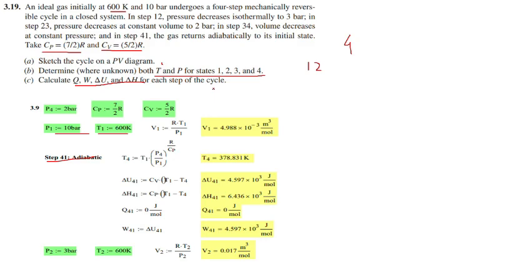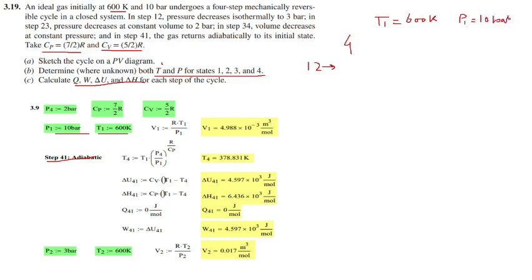So the data is given. In step 1 to 2, first I write here T1, which is 600 Kelvin, okay, and P1 is 10 bar.